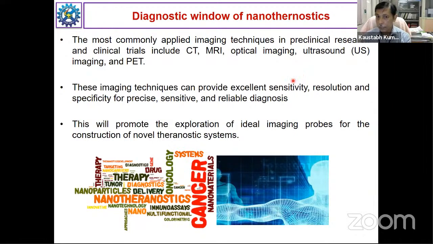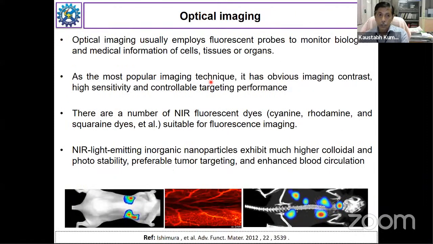We know there are several kinds of imaging techniques used in preclinical and clinical research, and we know about them, like CT, MRI, PET, ultrasound. If you consider first the optical imaging, we need to think about the fluorescent probes, which are widely used in imaging cellular systems, organs and tissues.